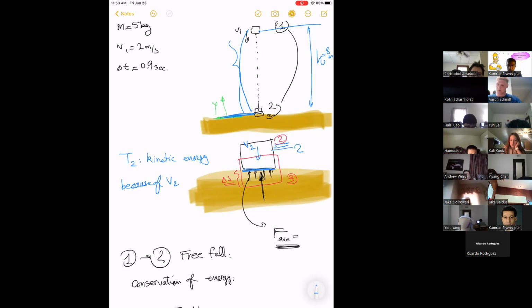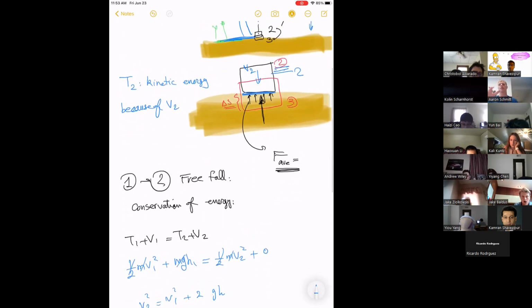Did I answer your question? Okay. So if the V2 on the T2 is just right before it touches the ground, then why is the V2 on its own 0? Oh, okay. Sorry. Now I get what you mean.